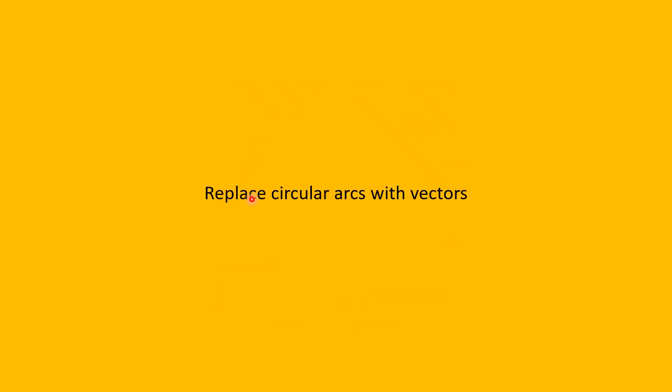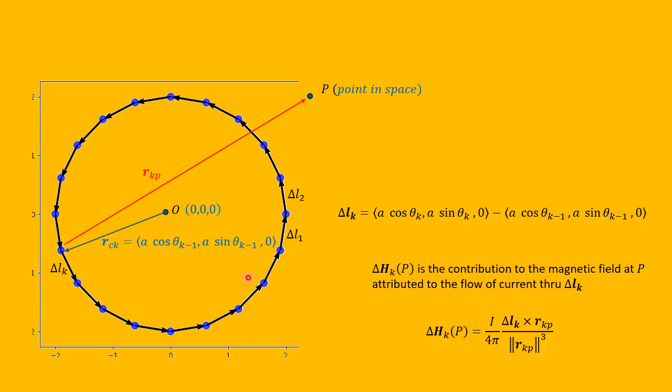Then we're going to replace all those little circular arcs with corresponding vectors. And so now we have a picture that looks something like this. From here to here, we have a straight vector, which we call delta L1. The next one over is going to be delta L sub 2, and so forth.